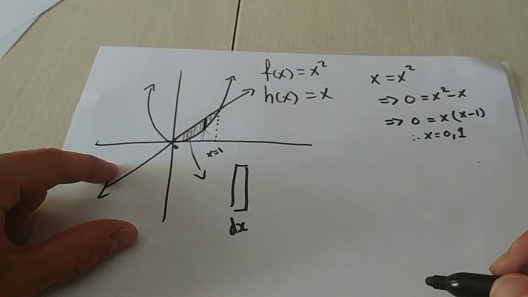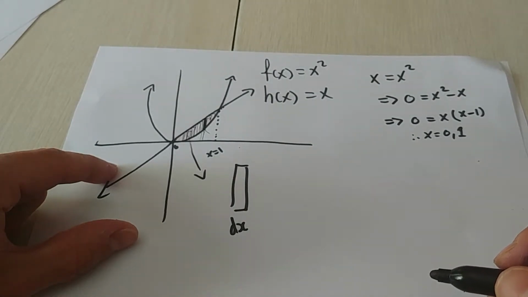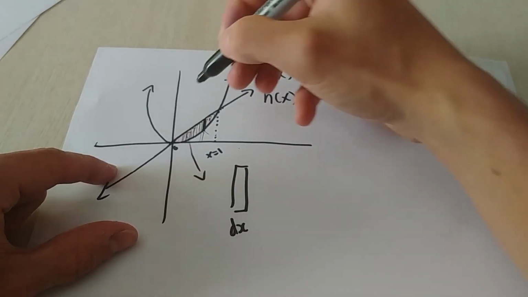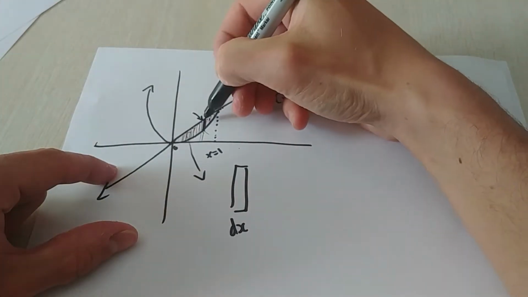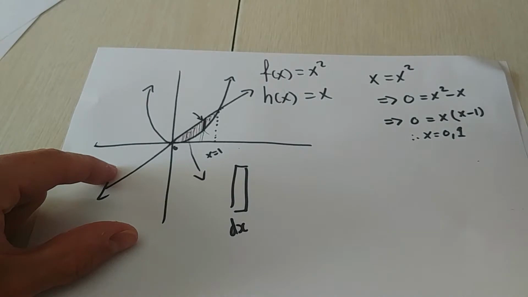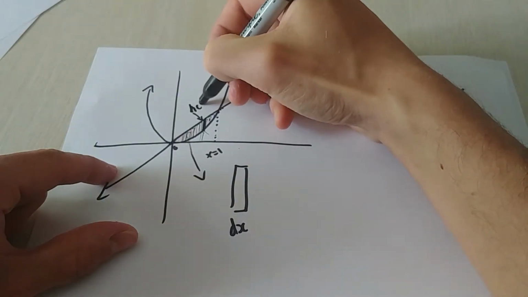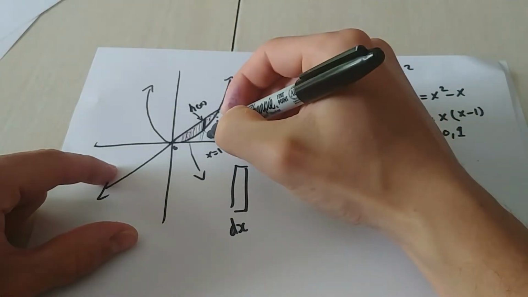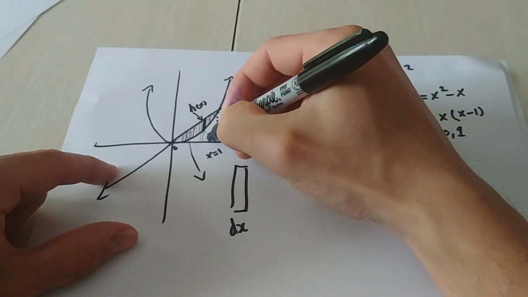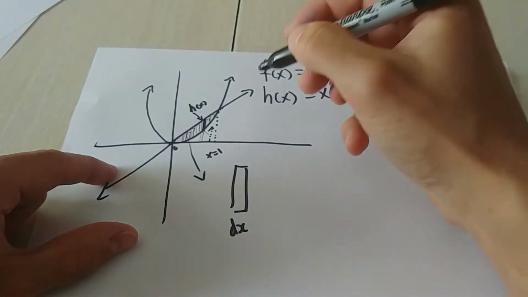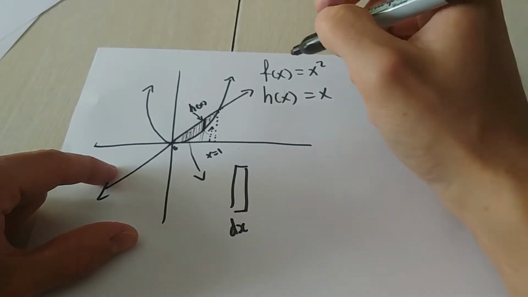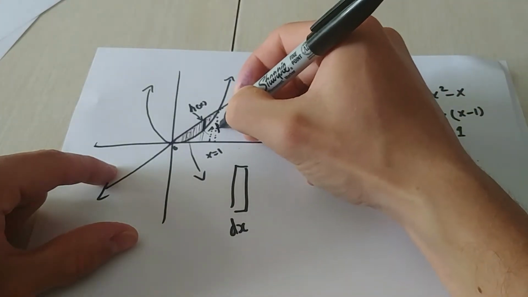And what would that height be? Well, this top part right here is nothing but h of x. And this bottom height is nothing but f of x.